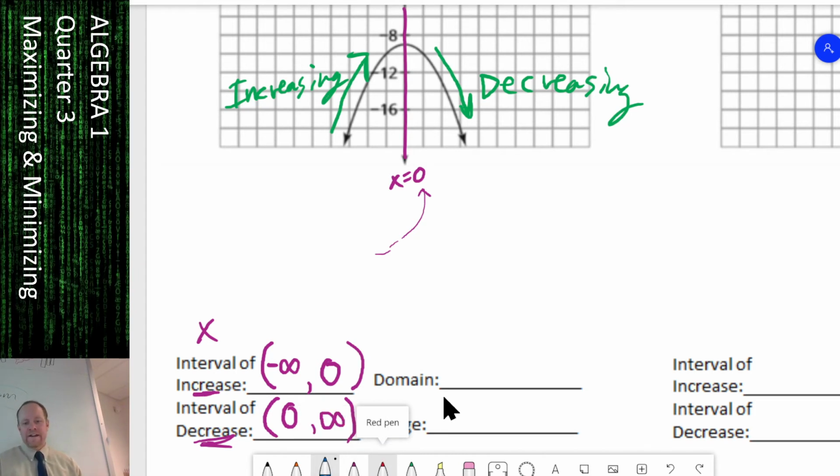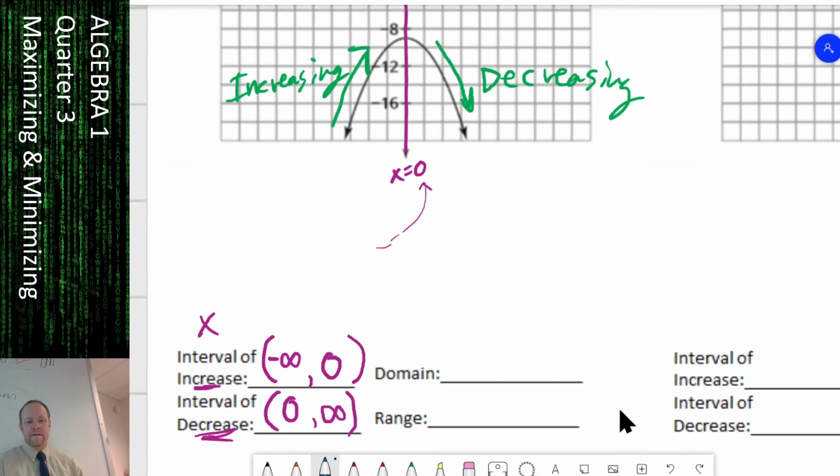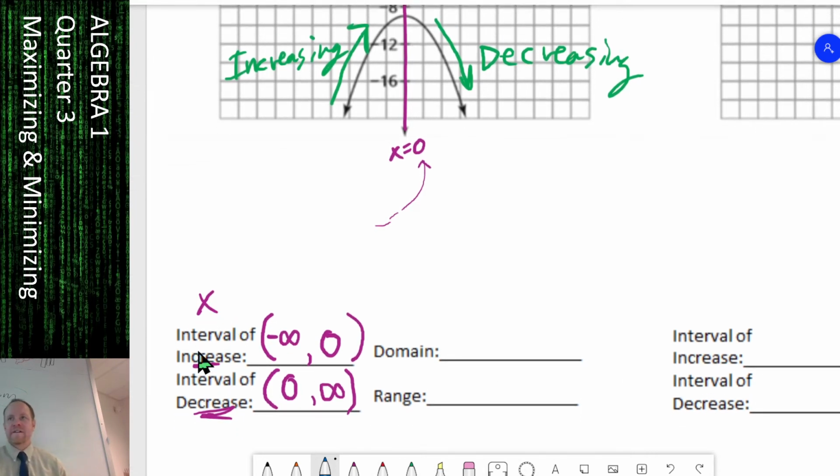Domain and range are the next ones that we're going to figure out. Intervals, we're always talking about x values, but only one of these describes our possible x values. Which one of these, domain or range, refers to x values? Got a 50-50 chance. Hopefully some of you guys are kind of leaning this way.